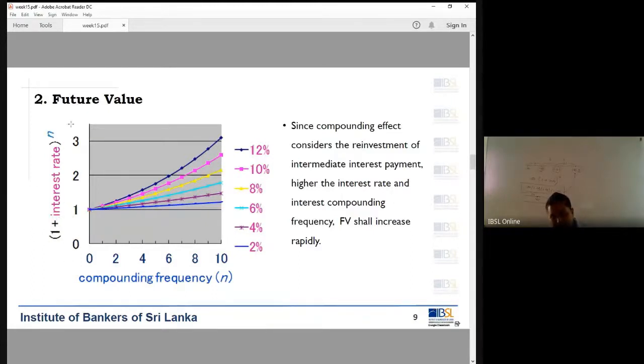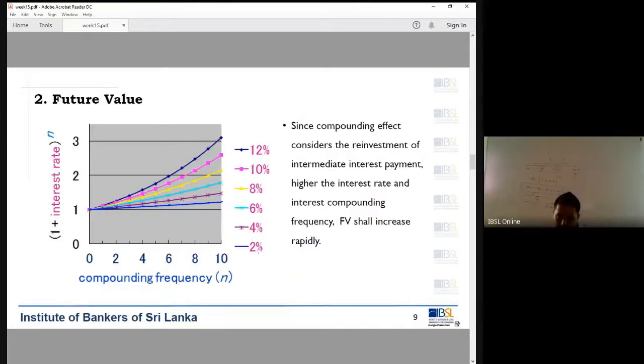So this is the future value on the y-axis. What you could see is, when you do the compounding, considering the reinvestment of the intermediate cash flows, the higher the interest rate, the much higher your future value. And the higher the interest rate and the higher the number of time periods that you compound, your future value is again going to increase rapidly.